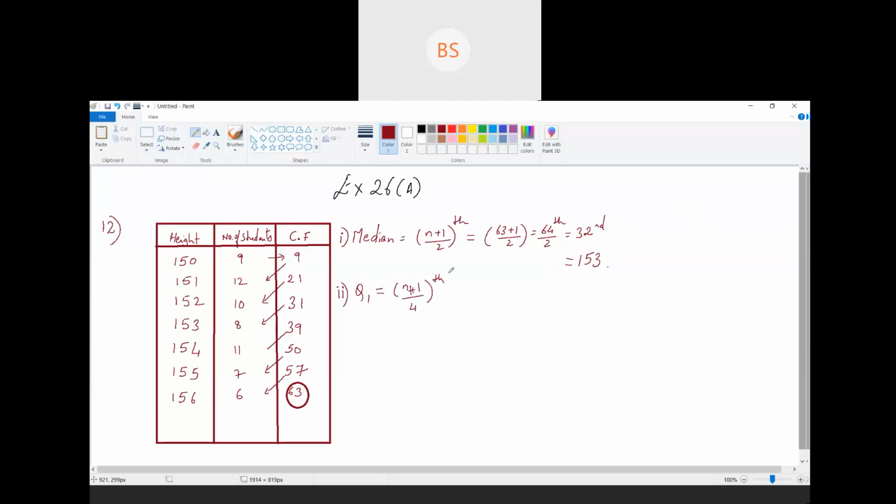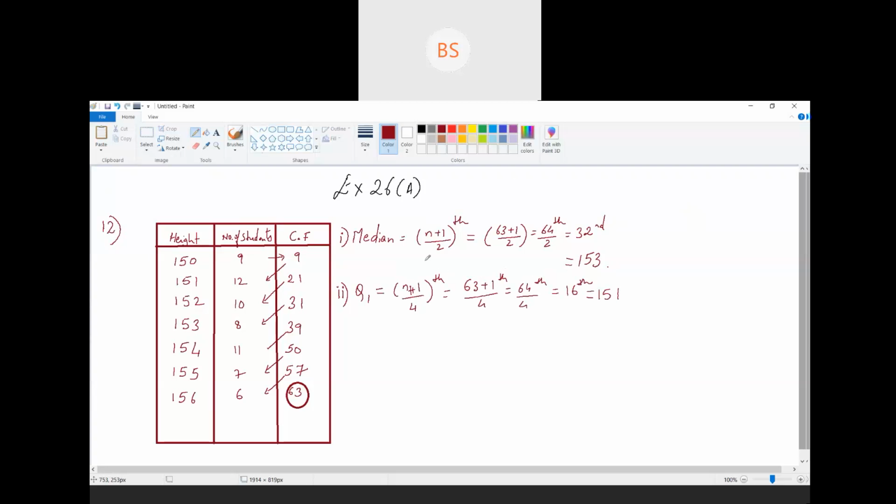So that will be 63 plus 1 whole divided by 4. That is 64 by fourth term. That will give us 16th term. So what will be the 16th term? 151. Yes. So lower quartile is 151. Correct.